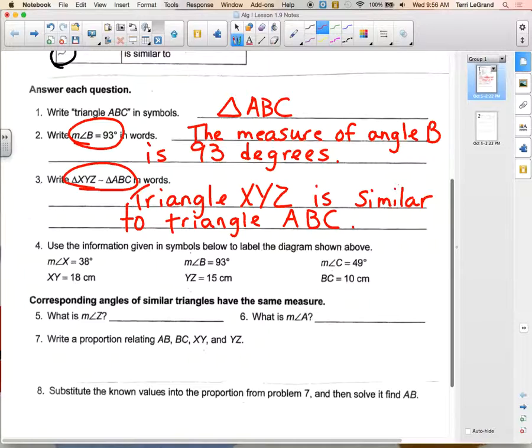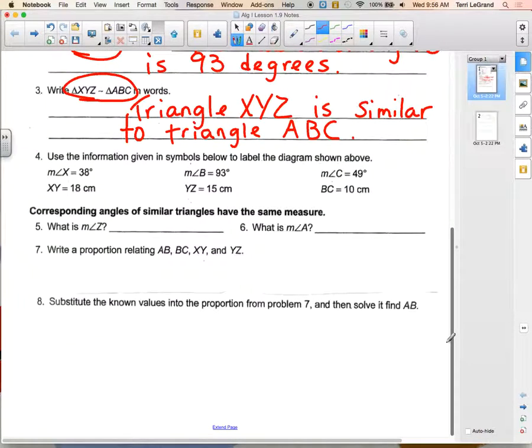A and X. Angle A corresponds with angle X. Zach? Z and C. Angle Z corresponds with angle C. So they put the corresponding angles in the same position, even in the name. They're in the same position in the triangles and in the names. So think of corresponding as in the same place, in the same position.